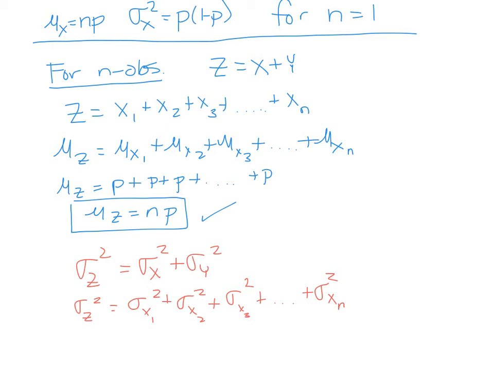Well, each of these individual variances, remember from way up here, is just p times 1 minus p. So if I take the variance of z, this is p times 1 minus p plus p times 1 minus p plus p times 1 minus p. And we just keep doing this all the way out for our n observations.